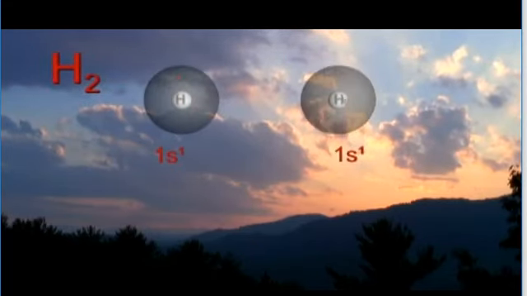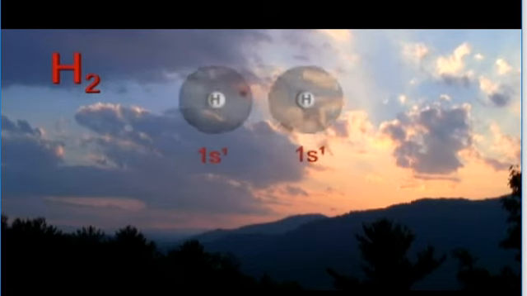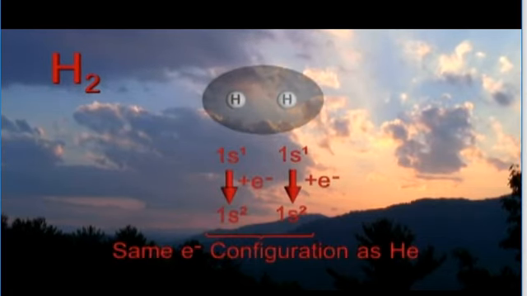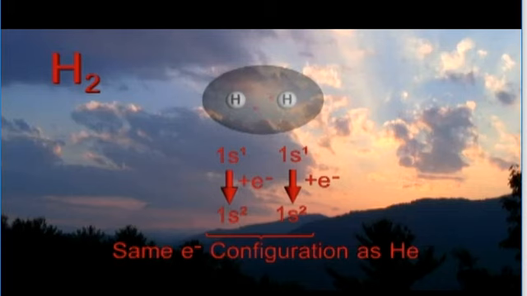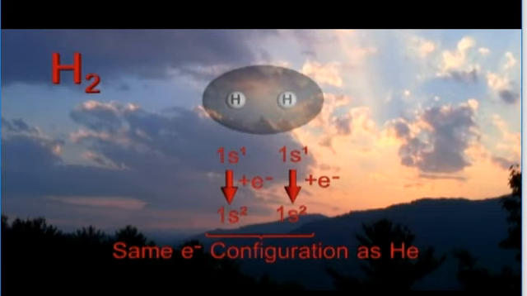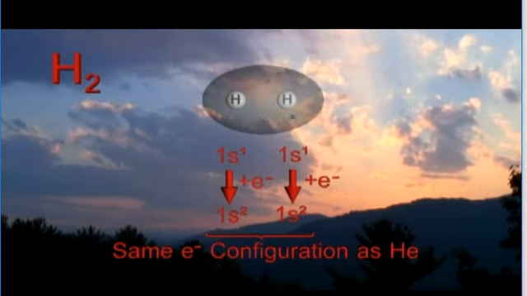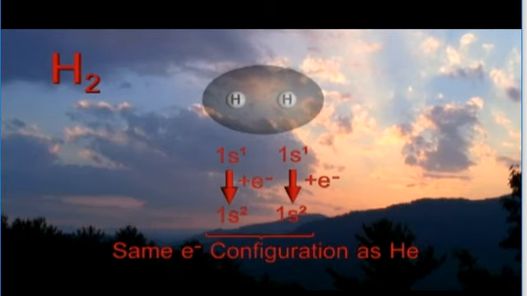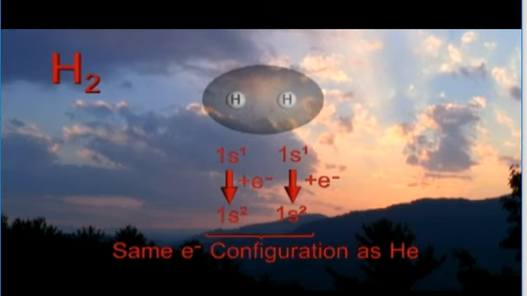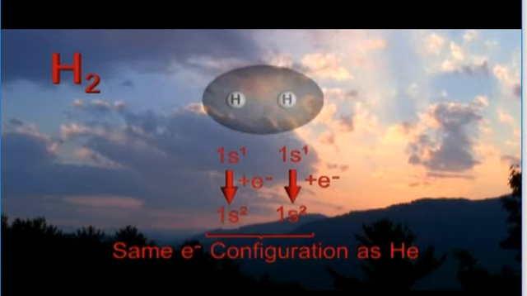You can see here the hydrogen electronic configuration is 1s1, and the other hydrogen electronic configuration is 1s1. Both the electrons will be shared with each other, mutual sharing, and they will gain the electronic configuration of 1s2. This 1s2 gives a stable configuration, that is helium, a noble gas configuration.